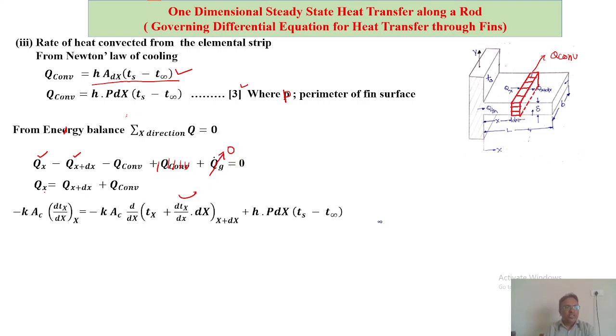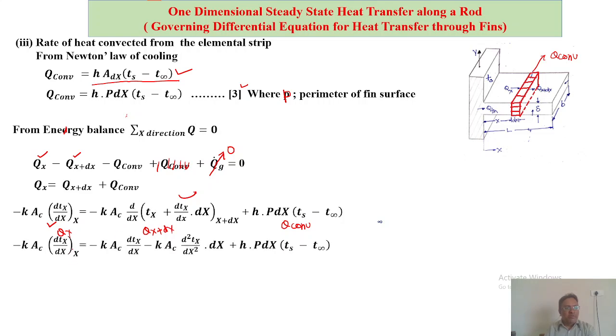Now please put in the expressions for Qx plus dx and Q convected. Already we have equations for Qx plus dx and Q convected. So this is the equation for Qx, Qx plus dx, and this is the expression for Q convected.